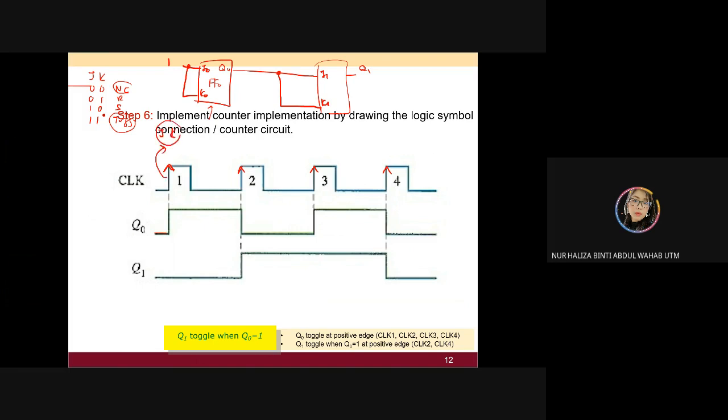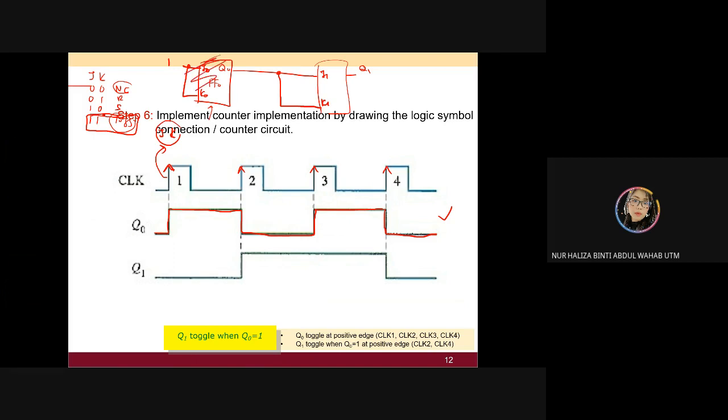So what is your JK value for the Q0 here? It is always 1 and it's always going to toggle. So you toggle when you meet the positive clock. You toggle again. Toggle. Toggle. Then you're done already. At this part you're done.